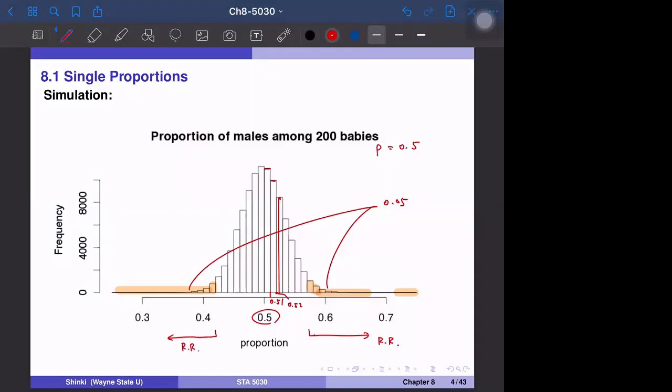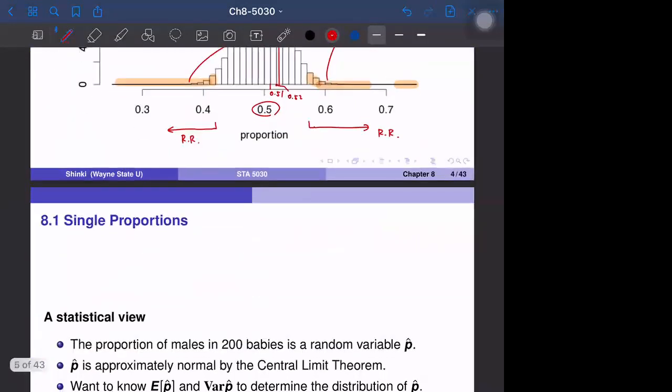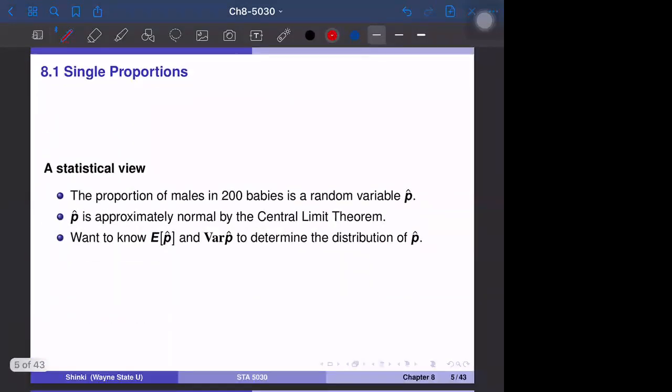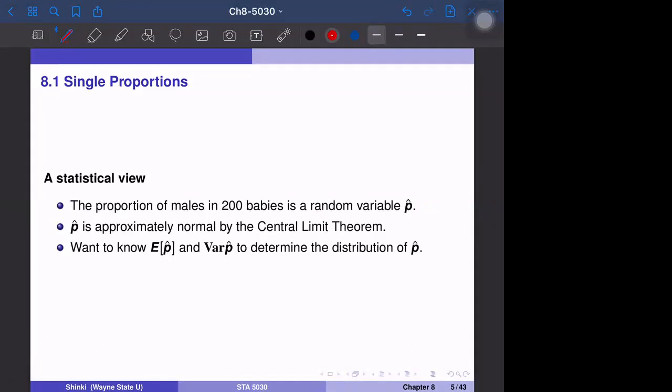So we decide with this rule. But this is just an idea, and we can develop the exact formula using statistical theory.